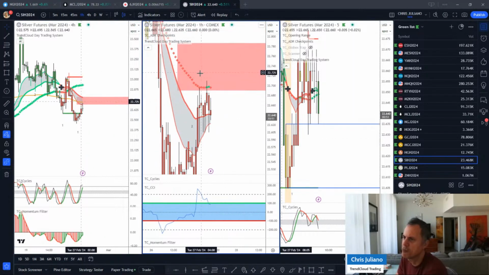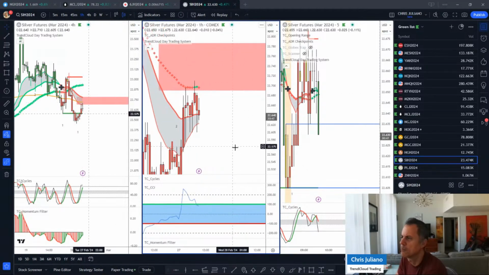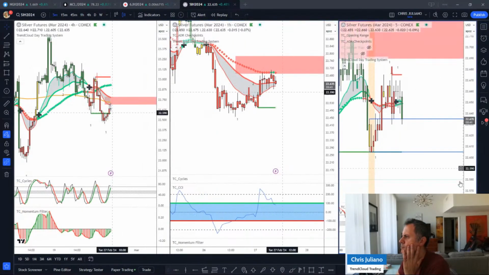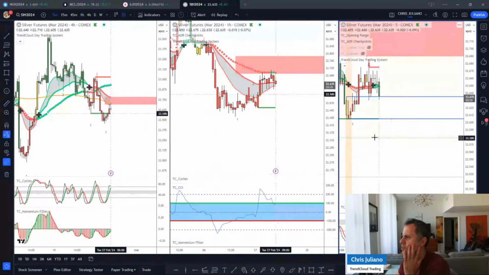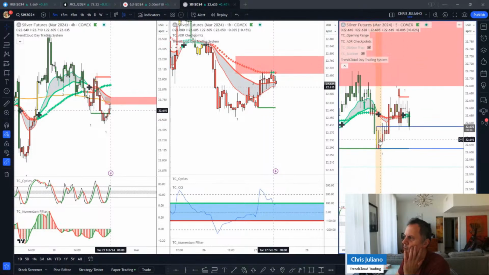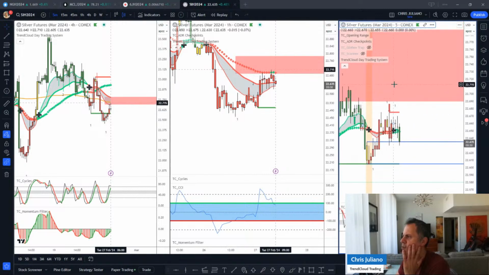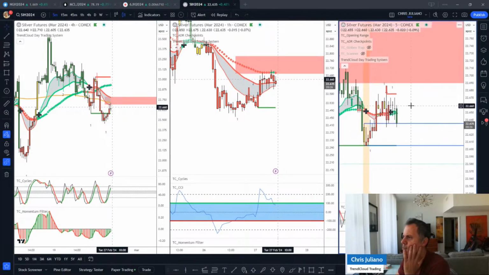Pulls up, just pulled up into that high time frame trend cloud. Now we're starting to head back down. Here's the opening range on silver. And what did it do? It pulled up, got pretty close, right? We got some trend cloud signals here on the 5-minute.